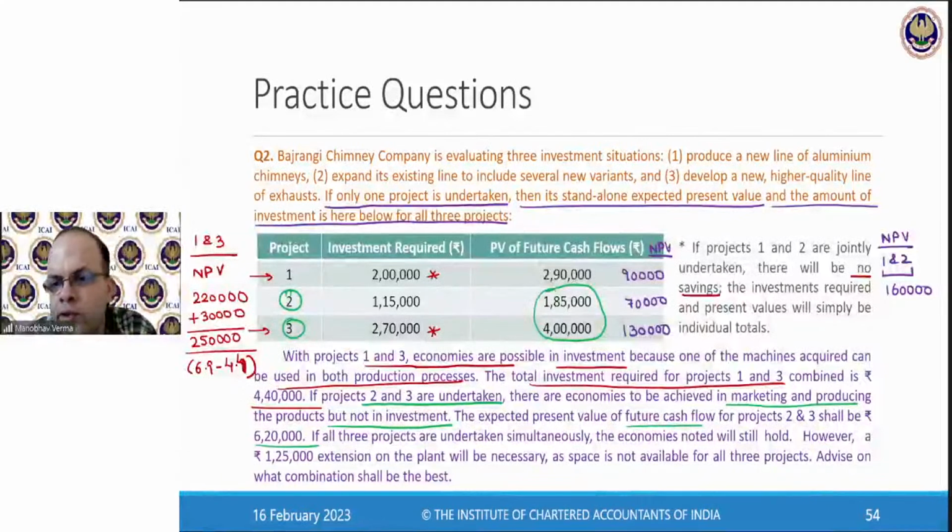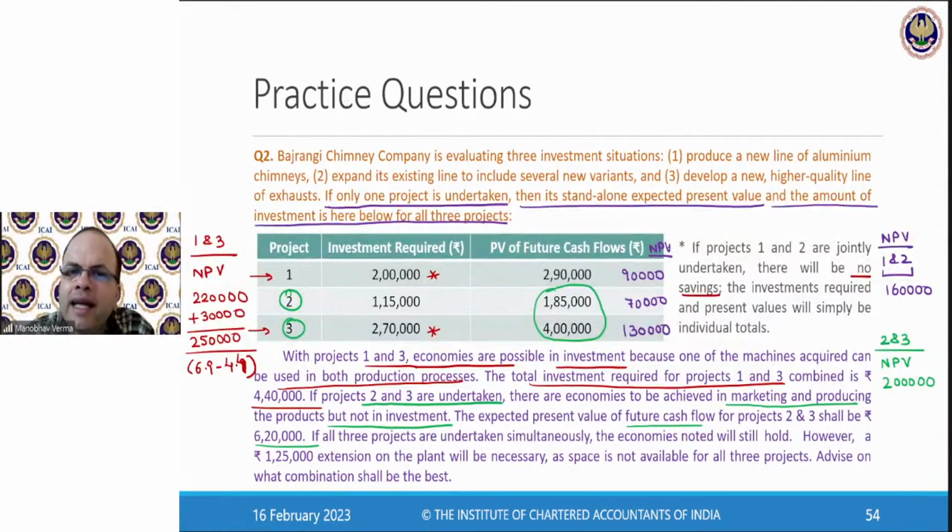So if you'll see project 2 and 3, what is my normal NPV, guys? 70,000 plus 1,30,000, 2 lakhs. And then we are saying that instead of 5,85,000, we are getting 6,25,000.